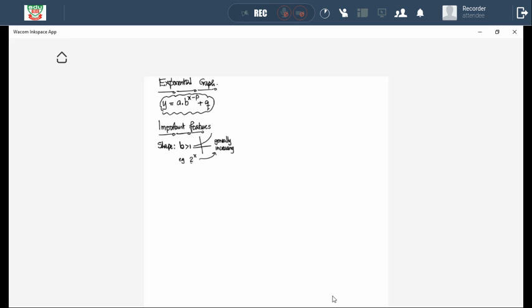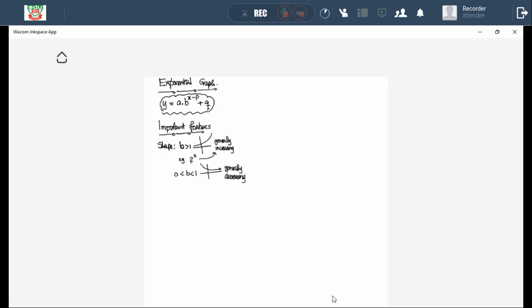Okay, right. Now, let's look at the other one, which is when the base is between 0 and 1. Once the base is between 0 and 1, the exponential is generally decreasing.